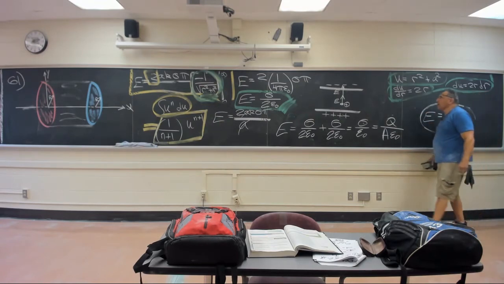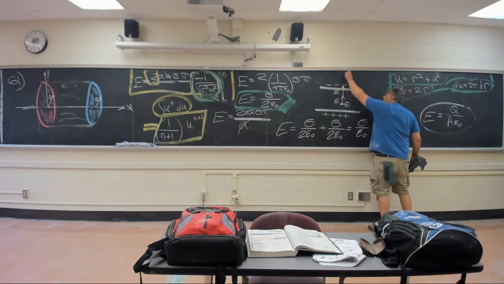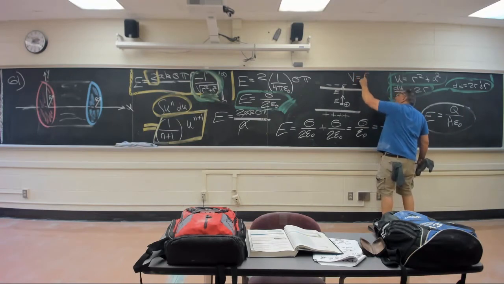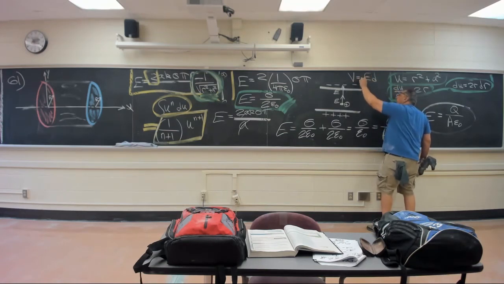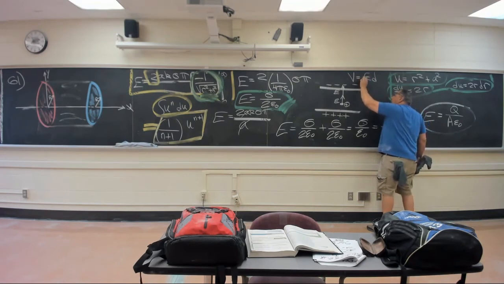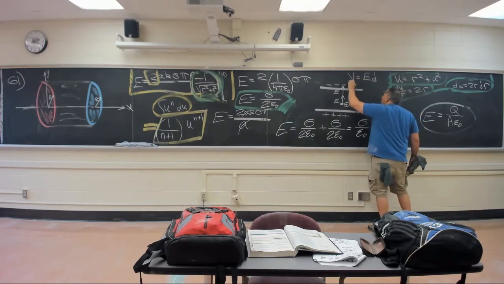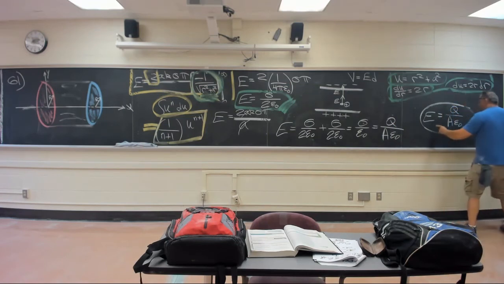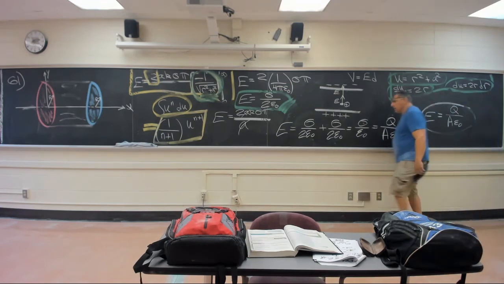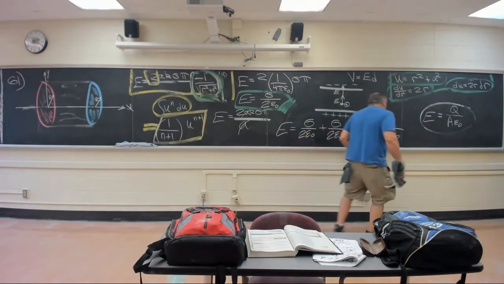The potential difference, we'll call it V. Isn't Q times V the work? Put a small q here, a positive test charge. Q times E is force, times D is work. Q times V is work. So V equals E times D. This is some of the stuff we were talking about.